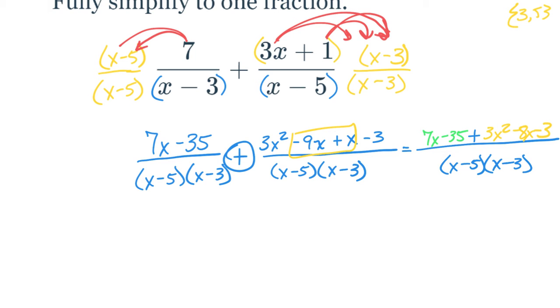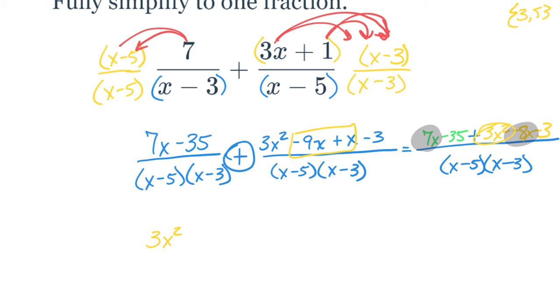So once we've got these established, we're once again going to look for like terms. Well, I see a 7x and a negative 8x. That's a like term. And I also see that the 3x squared does not have a like term, so I'm going to go ahead and carry that down, 3x squared right there.